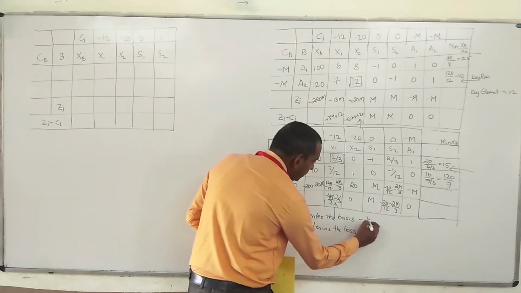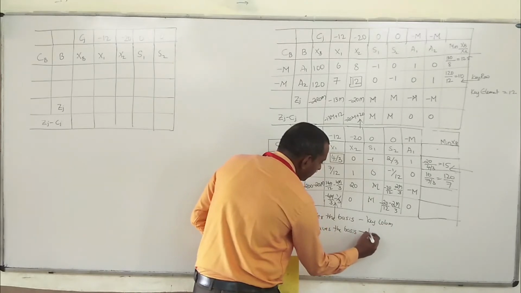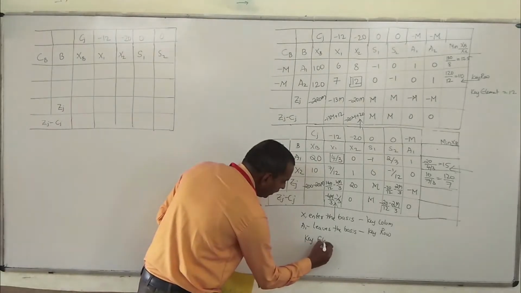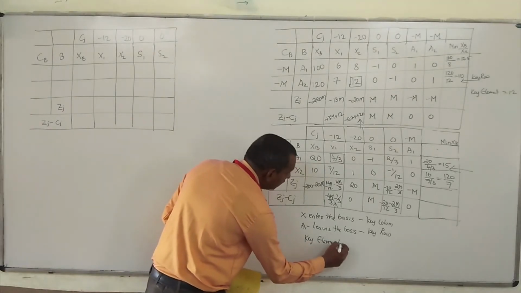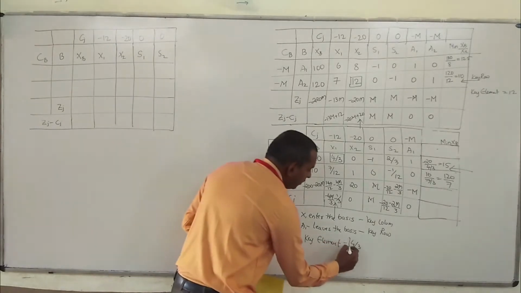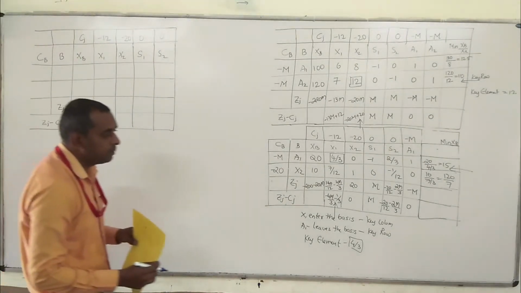So this is the key column and this is the key row. Fine. Then the key element is 4 by 3.